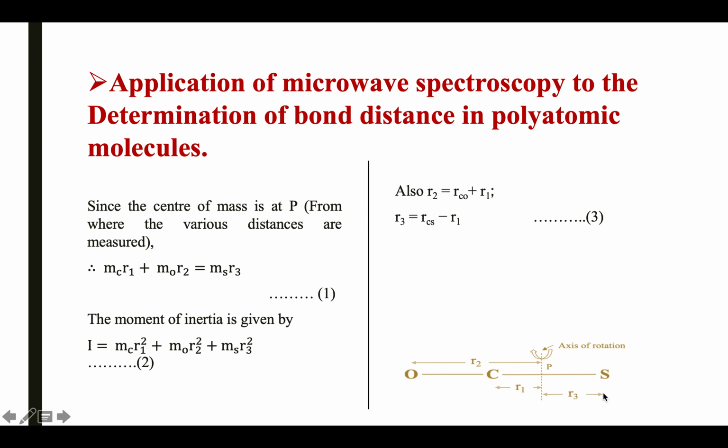And for R3, the bond distance R_CS between this and this, if you subtract the R1 value, you get the R3 value. From this equation you get the carbon-sulfur bond distance. That is equation number 3, where R_CO and R_CS are the two interatomic distances to be determined. These two bond distances we want to calculate.